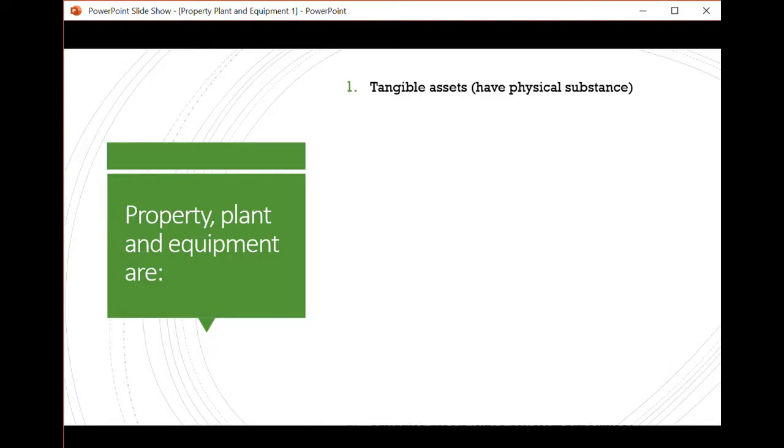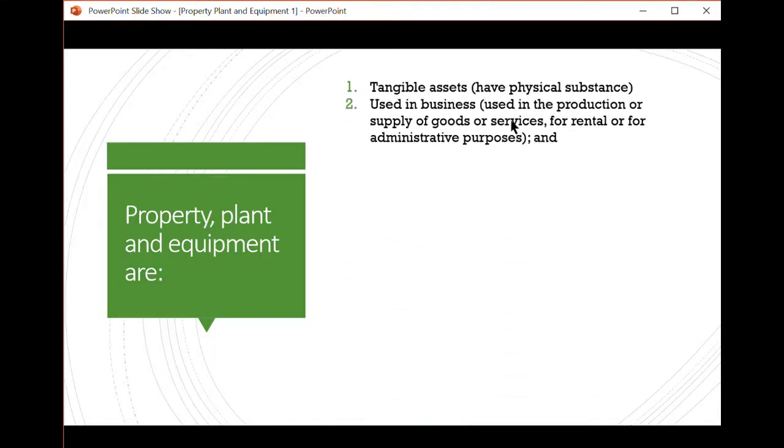So that is what makes it tangible. Second, they are used in the business, particularly in the production or supply of goods or services, for rental or for administrative purposes, and they are long-term in nature, meaning they are expected to be used for more than one period. So these are the basic characteristics of property, plant, and equipment.